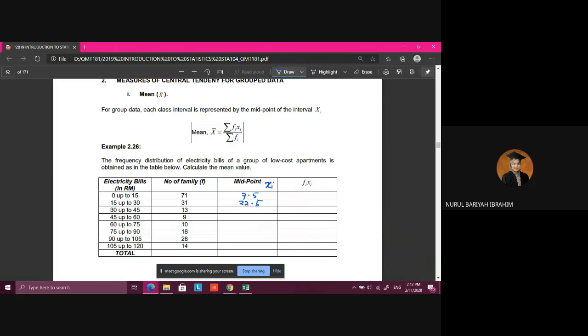Okay, how about the next one? 30 plus 45 divided by 2, you akan dapat 37.5. The next one will be 45 plus 60 divided by 2, it is 52.5.